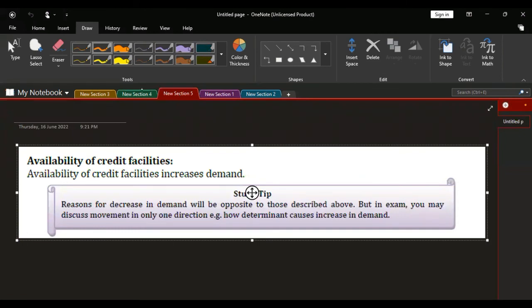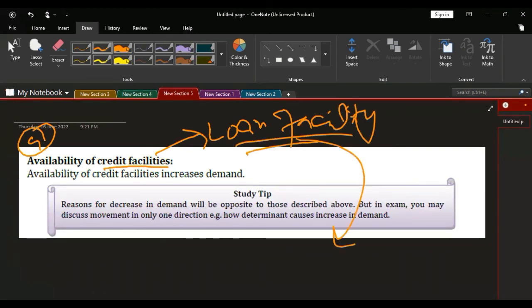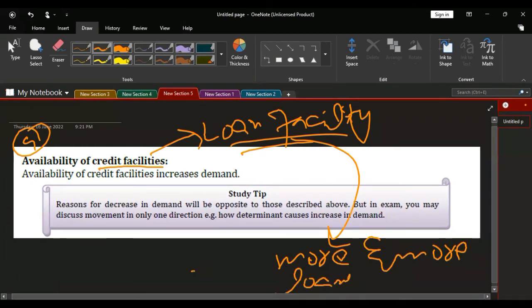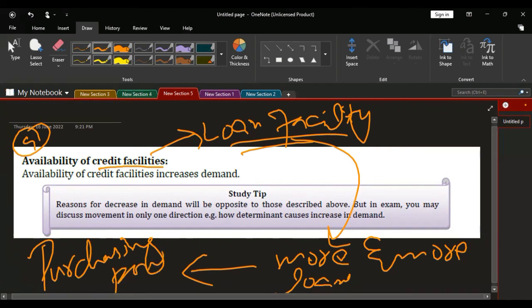Next and the last one, which is the ninth one, is availability of credit facility. Credit facility means loan facility. If banks are in a position to offer more and more loans, then the purchasing power of the consumer increases and he will demand more product.